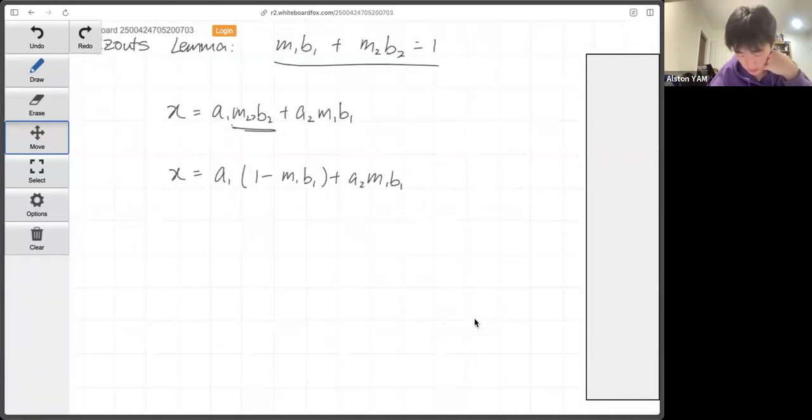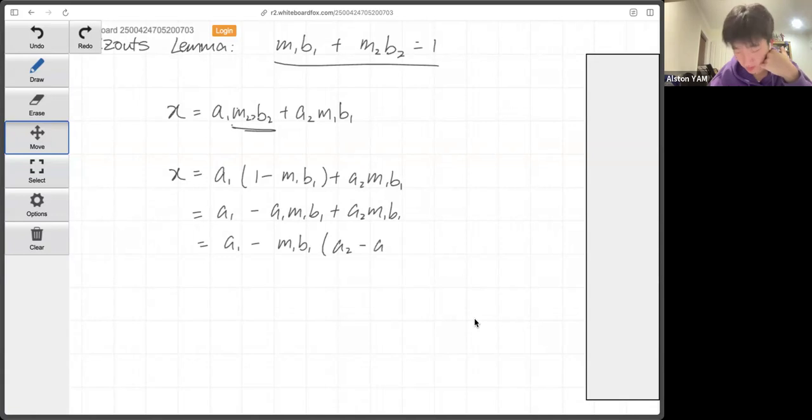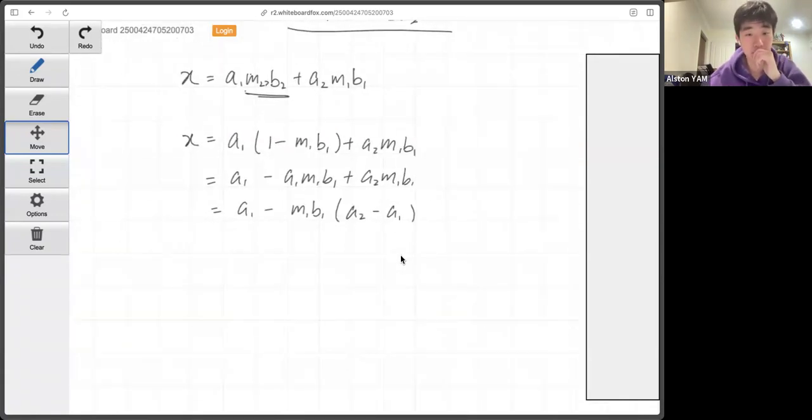Okay, let's expand this. So that is equal to a1 minus a1 m1 b1 plus a2 m1 b1. And we can factorize out m1 b1, right? So a1 plus m1 b1 bracket a2 minus a1. So I've just factored the m1 b1 out.